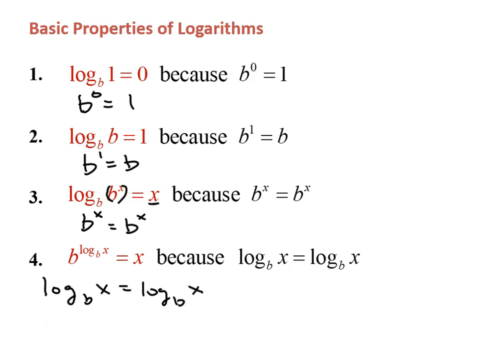And you can see that, of course, b to the log base b of x is x, because log base b of x is equal to log base b of x. So those are just some things that always hold true. You can always reinvent those if you need to when the time arises. But if you remember them, it just saves you time.